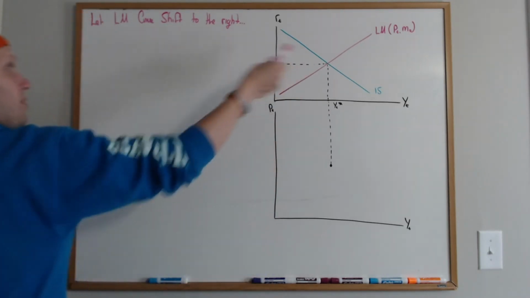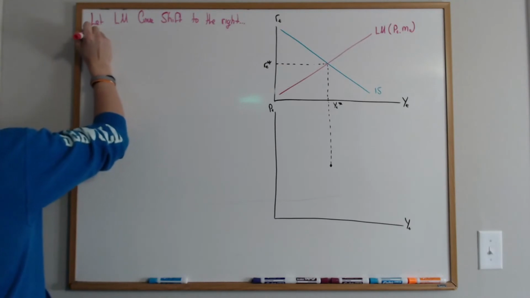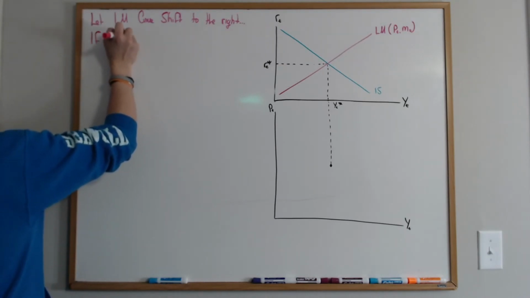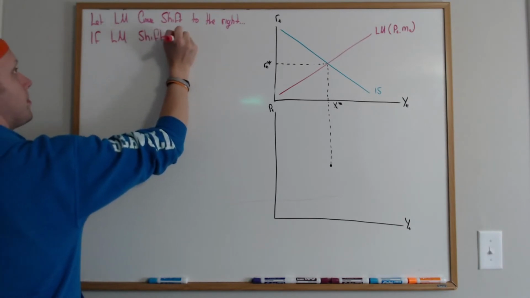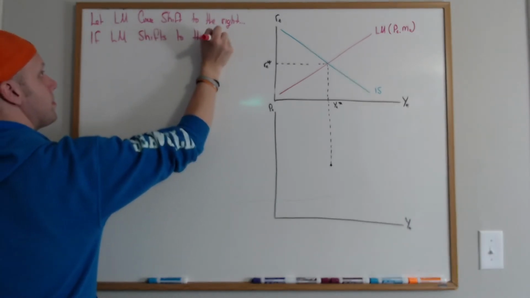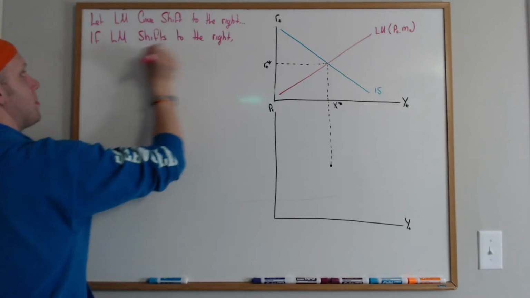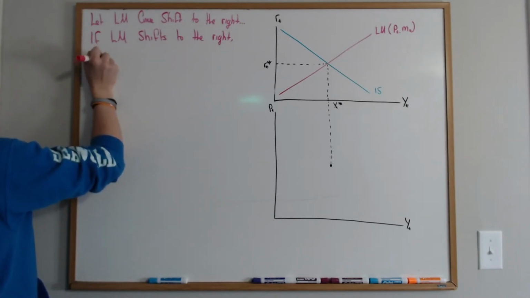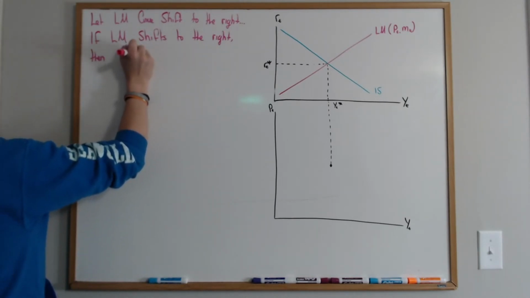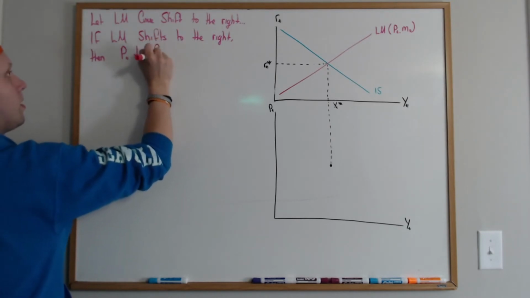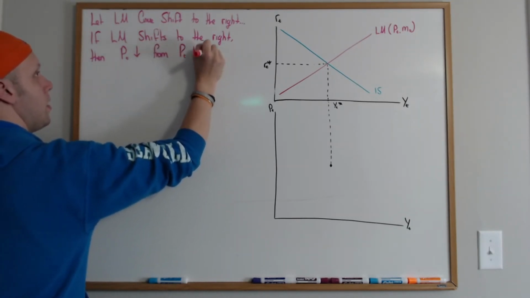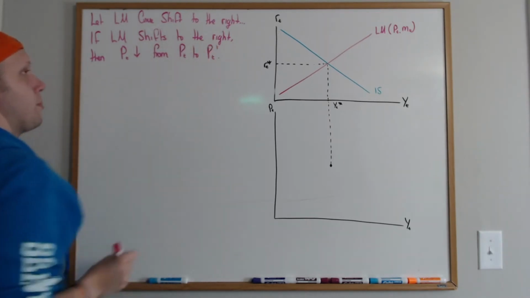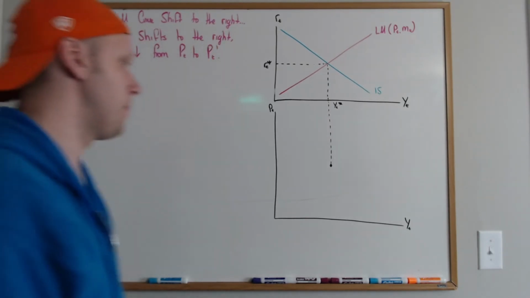So if we're going to shift the LM curve to the right, then what has to happen is the price level will fall from P_t to, say, P_t1.